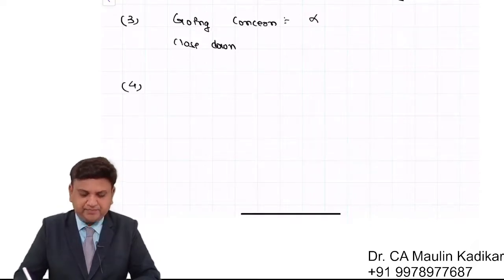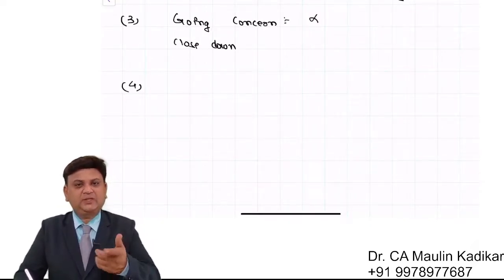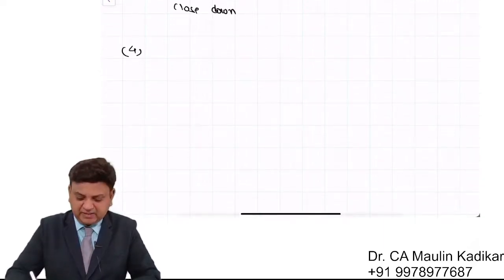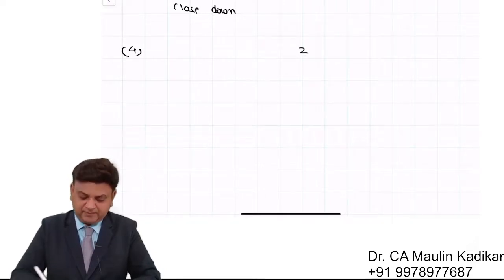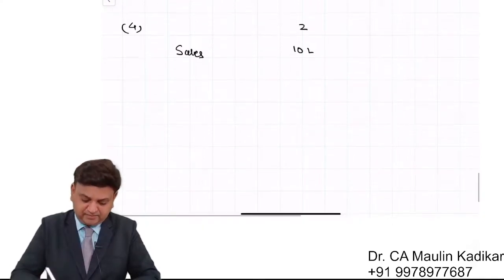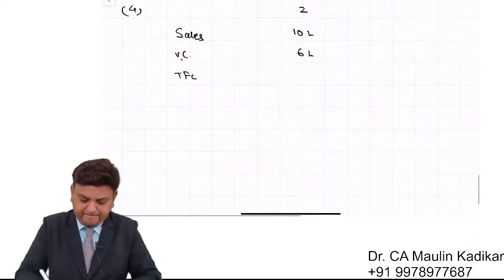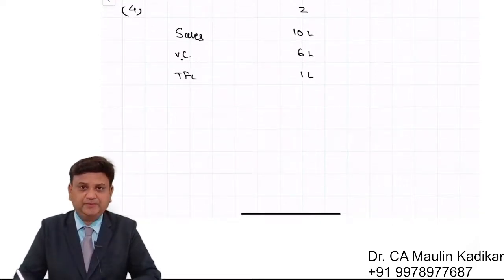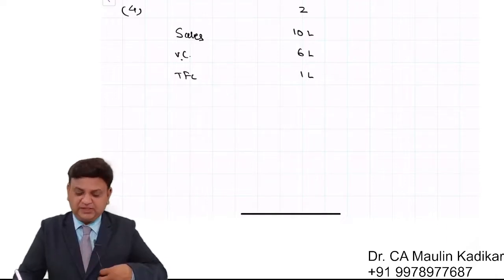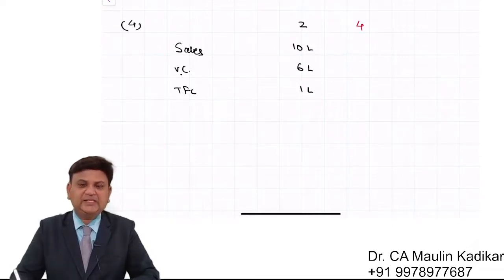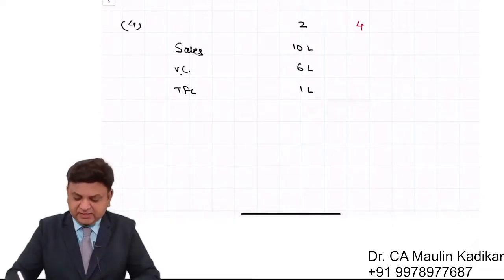Fourth assumption. I would like to ask a question before I explain the fourth assumption. Suppose a company right now has a credit period of 2 months, sales of 10 lakhs, variable cost of 6 lakhs, and total fixed cost of 1 lakh. If the credit period is increased from 2 months to 4 months, the company expects that sales will increase from 10 lakhs to 20 lakhs.